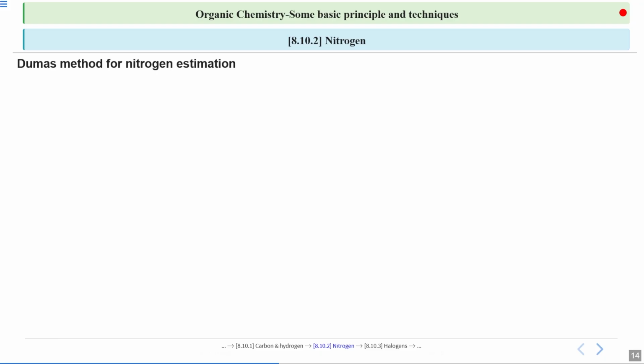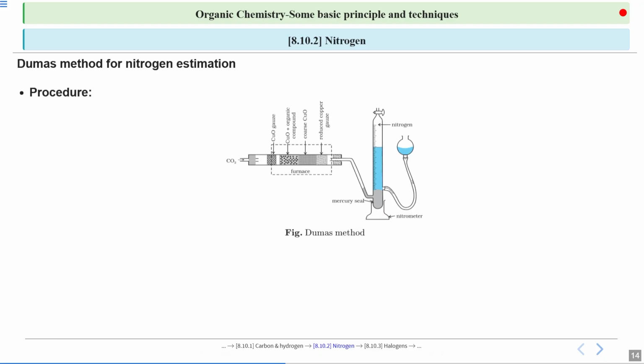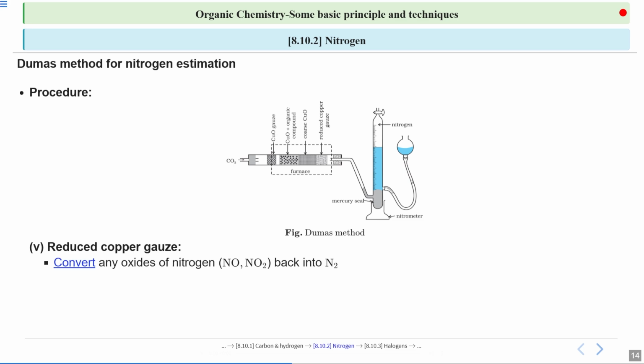Now next, moving on further in the procedure part. Now we'll talk about the reduced copper gauze. The main job of the reduced copper gauze is to convert any nitrogen oxides like NO or NO2 back into nitrogen. This is important because we only want to measure pure nitrogen gas and not nitrogen oxides.